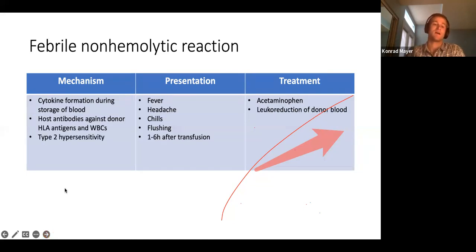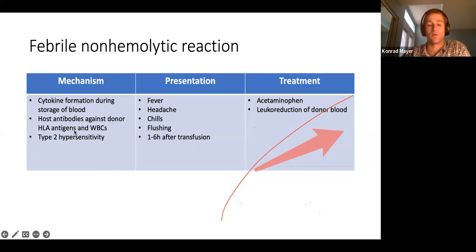Okay, next slide, next reaction, febrile non-hemolytic reaction. So this is the one that we can prevent with leukoreduction. Non-hemolytic means that the red blood cells aren't being attacked and are not breaking. So this happens with the cytokine formation during storage of blood, often by white blood cells. And there are also host antibodies against donor HLA antigens. I mentioned HLA antigens.